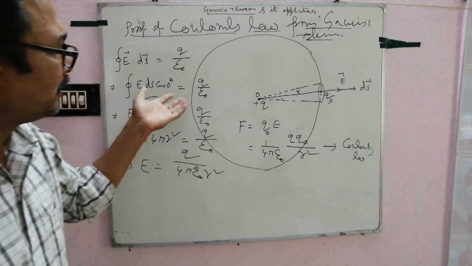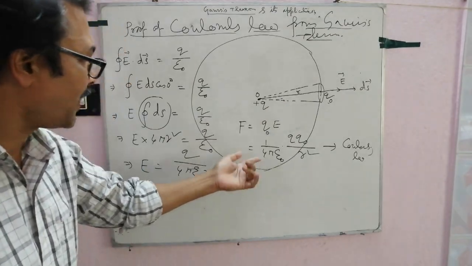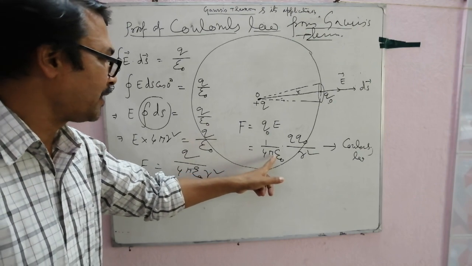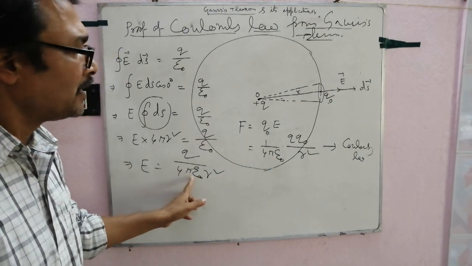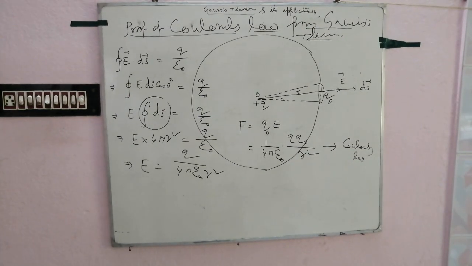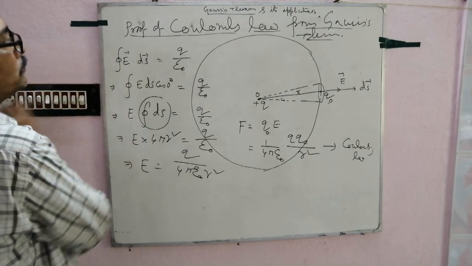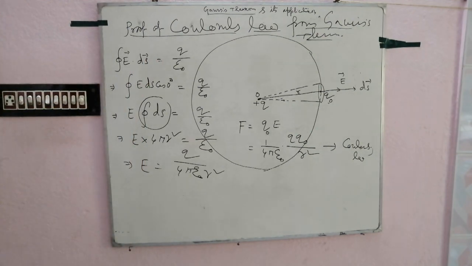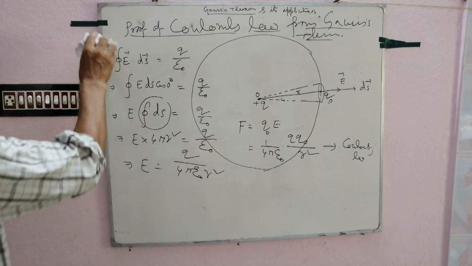If instead of vacuum there is another medium, the final result here will have another constant K, and here also the K. Okay, note it. Now, next point.